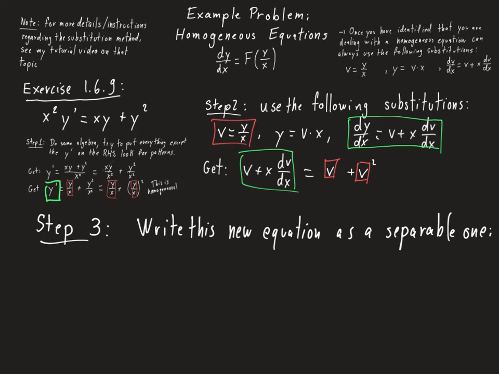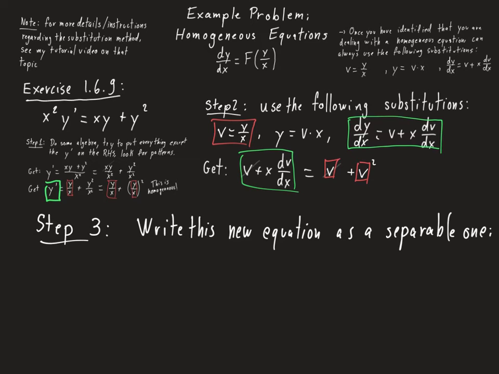That means that we're just going to move everything except the dv dx over to the right-hand side and show that it has the proper format. So in this case, I'm going to use just pencil here. If we look back above at the differential equation that we got, we have this v here and this v here, and those are going to cancel out because they're on either side of the equal sign.